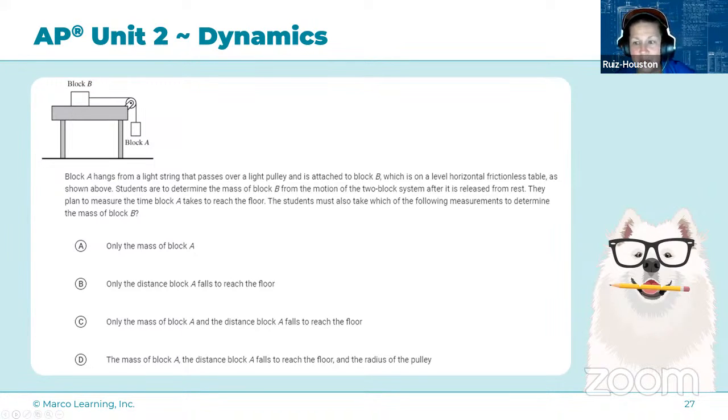So let me give you a moment here. Now think, they're planning to measure the time the block A takes to reach the floor. The students must also do what else?